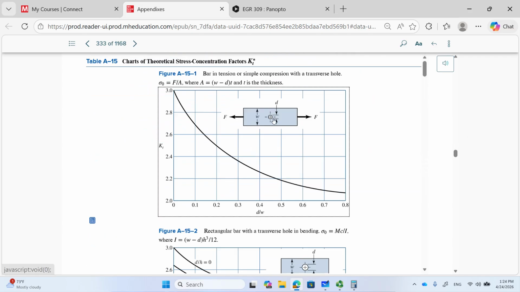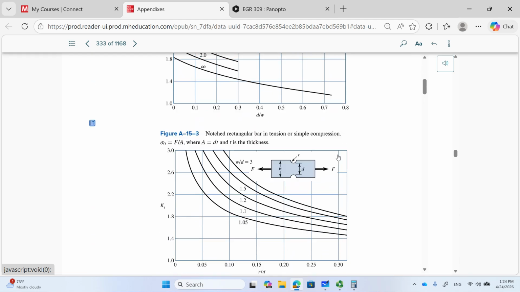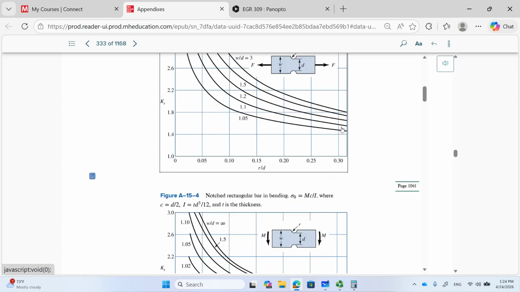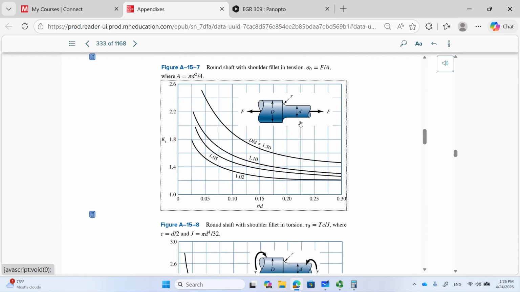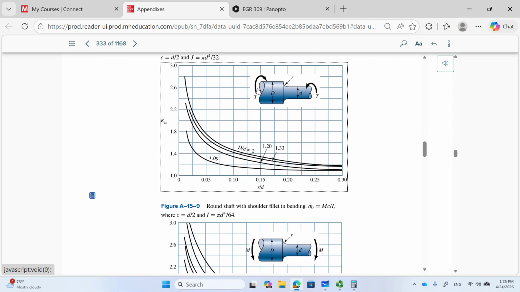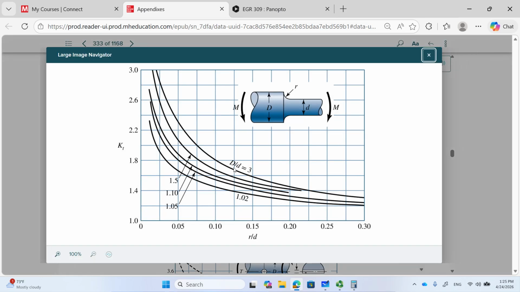Bracket with hole, axial loading, bracket with hole with bending, bracket with notch, axial. These are not my cases, right? So go down: shaft with axial load with a shoulder, shaft with torsion and a shoulder, shaft. This is what I need. Shaft with bending moment and shoulder. Alright, so let's look at it here.